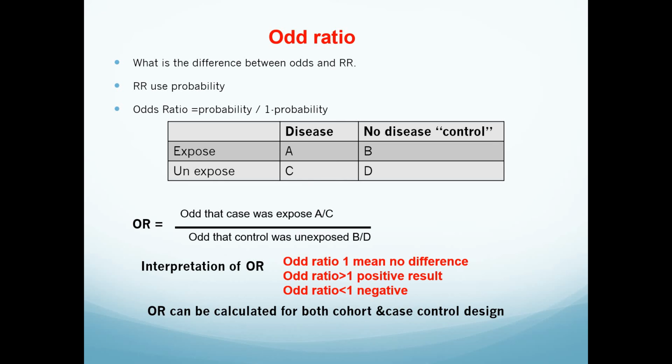Odds of the cases exposed: that means the patients who developed the disease and were exposed to the intervention, divided by the patients who developed the disease and were unexposed. So we have the ratio between the patients who developed the disease and were exposed, to the ratio for the people who developed the disease and were unexposed.